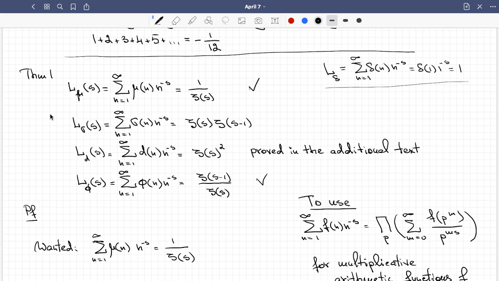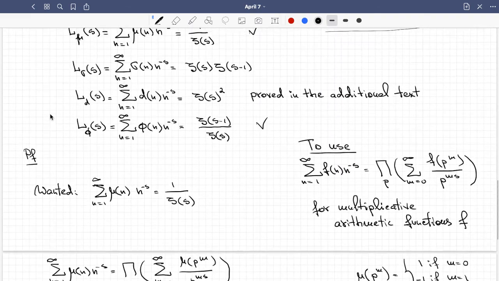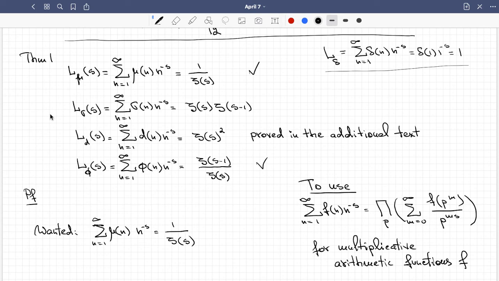In this way, Dirichlet generalized the work of Euler. So we gave a couple of proofs of these identities. We tried to convince ourselves that indeed these L functions associated to simple arithmetic functions are related to Riemann's zeta function.